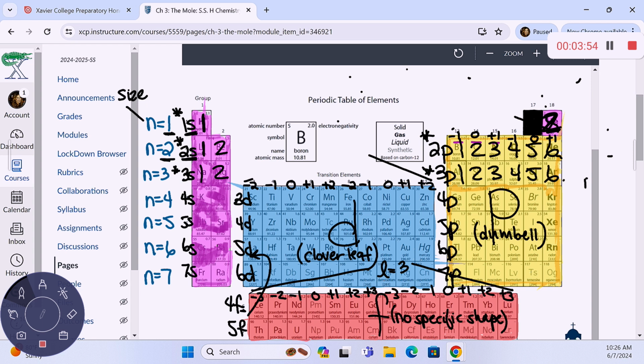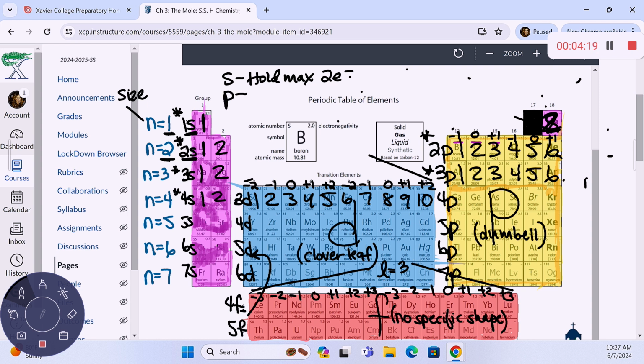Like you're reading a book. Okay? Then you would fill 4s. You've got 2 spaces. 3D has 10 spaces, so it can accommodate 10 electrons.